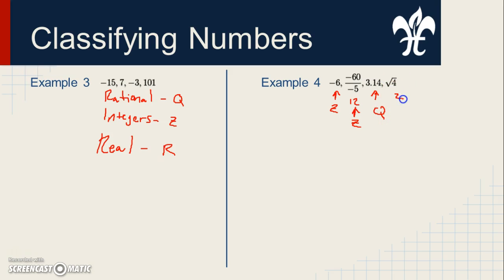And the square root of 4 is 2, which is also an integer, and a whole number, and a natural number. So looking at what all these share, all of these, because they fall into integers, we know that they're also rational.